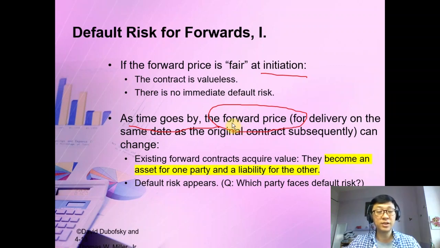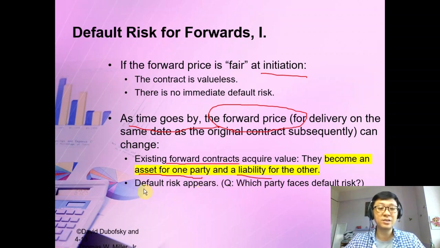If the spot price goes up, the forward contract will become more valuable. It will become an asset for the long party. So as time goes by, the forward contract can be an asset for one party because it's profitable, and a loss to another party, so that becomes the liability. So they are liable to pay for some of this. So that is this.